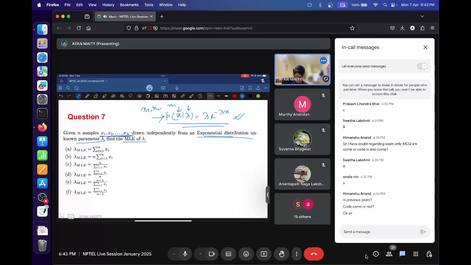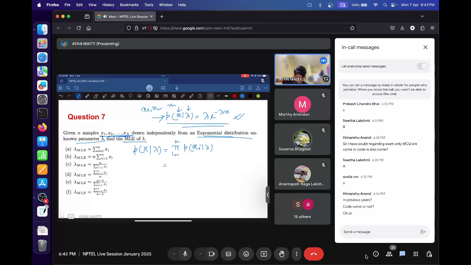So the probability of the whole data set capital X given lambda would be the multiplication of probability of xi given lambda, i equals 1 to n.